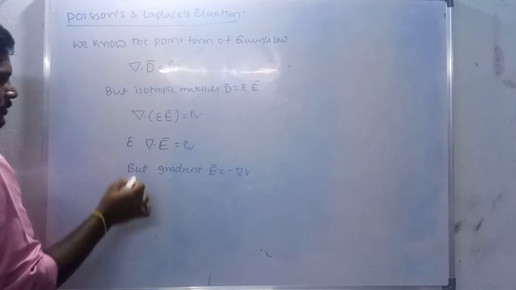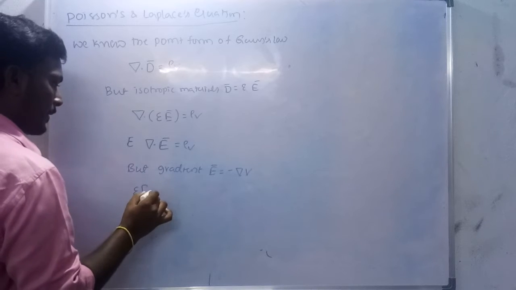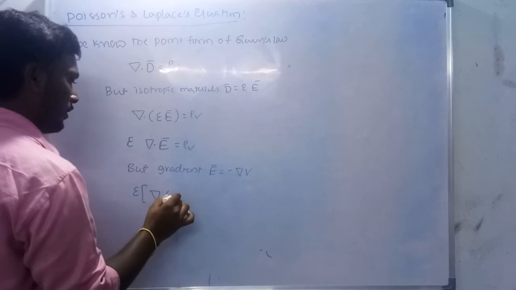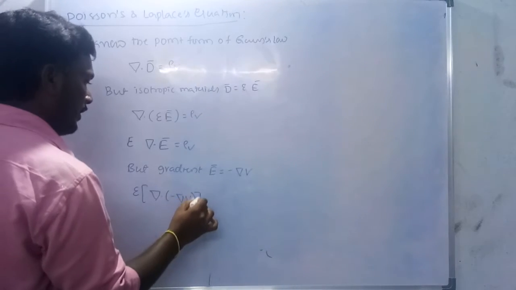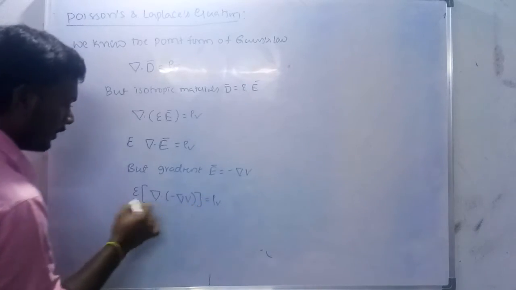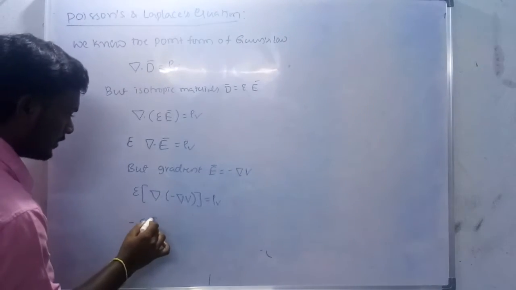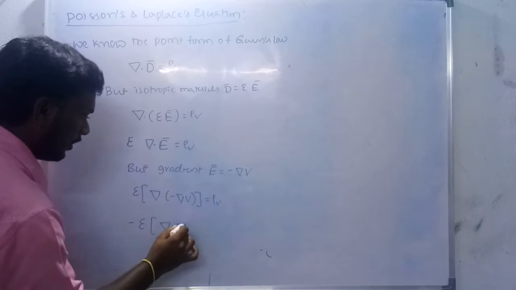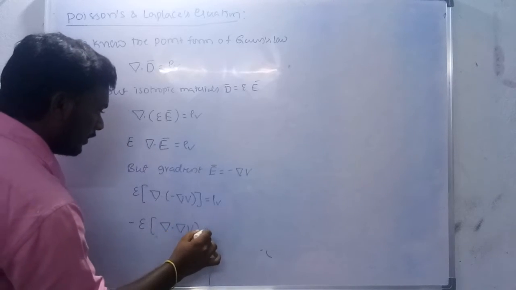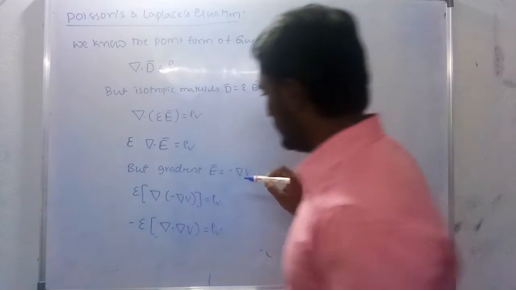Just substitute in that expression so that it will become del dot minus del V is equal to rho v by epsilon. Take out the minus common. So minus del dot del V is equal to rho v by epsilon. Good.